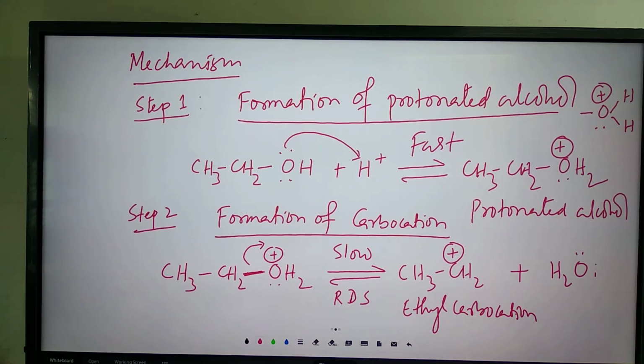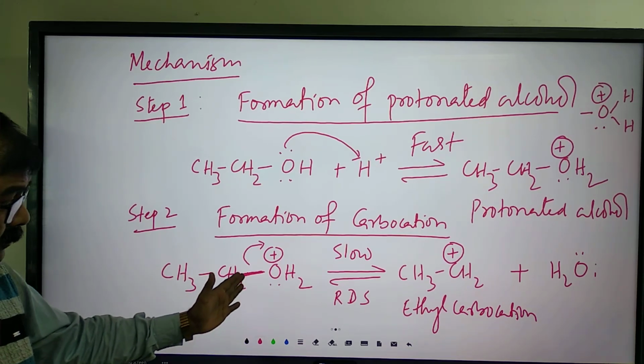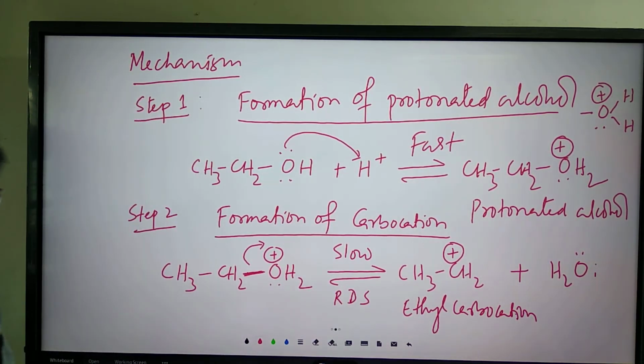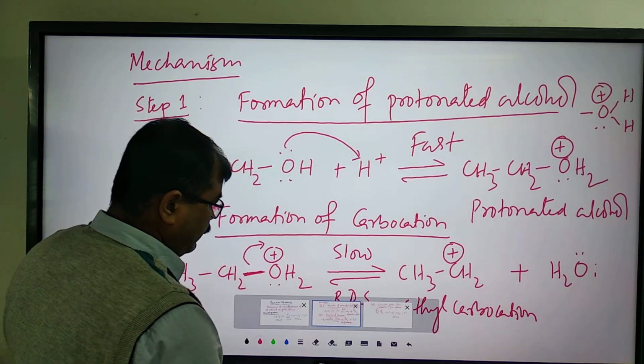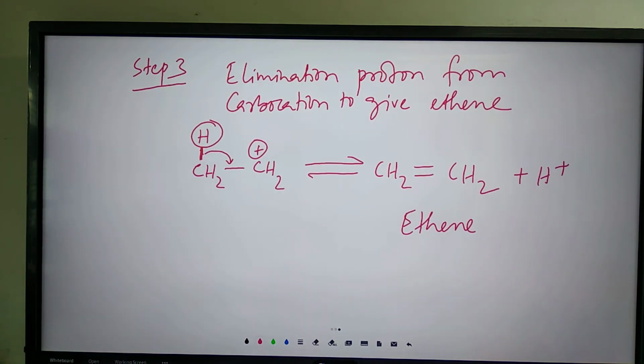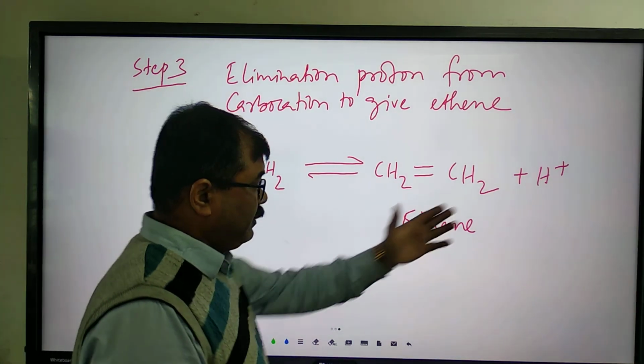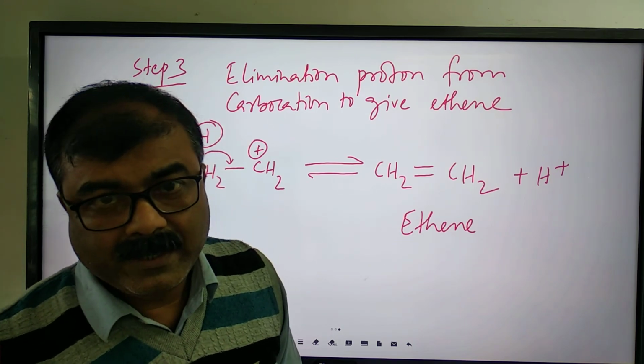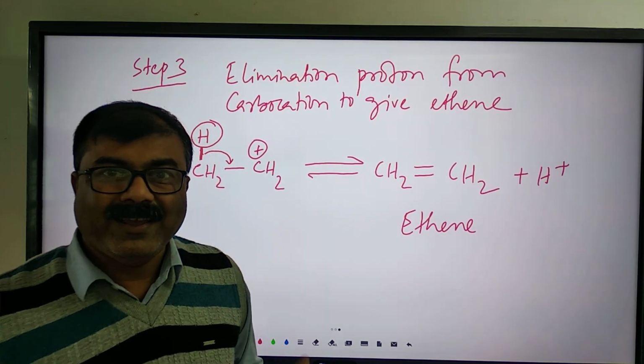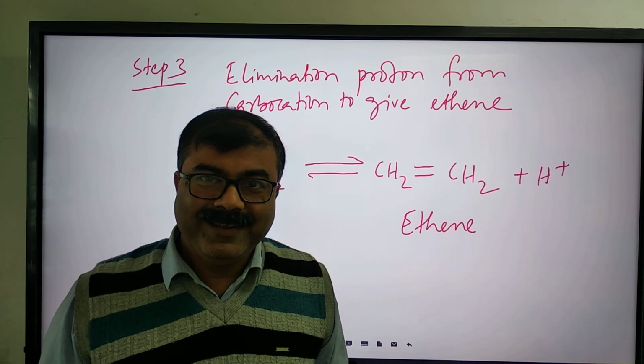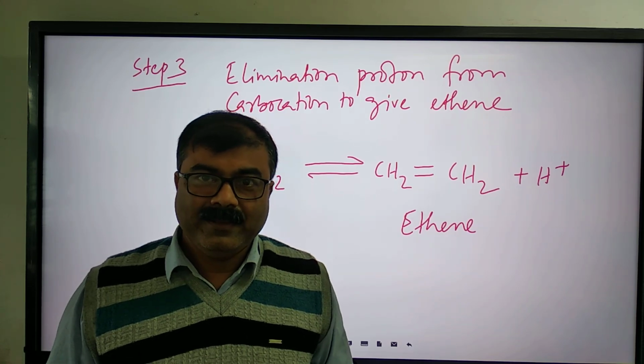Step 2, formation of carbocation: from the protonated alcohol, water is released and we get the ethyl carbocation, which is the slow step. The final step is elimination of proton from the carbocation to give ethene, and the proton is regenerated. My dear student, have you understood? Is it clear? Okay, then thank you.